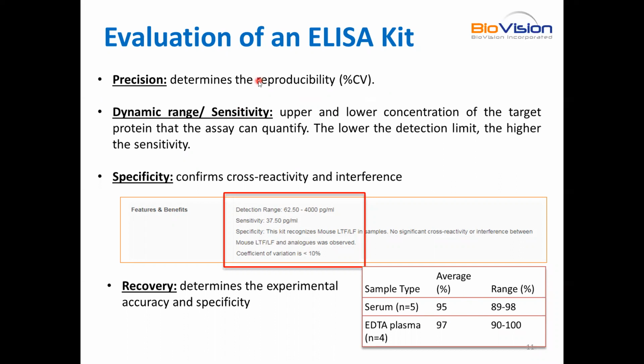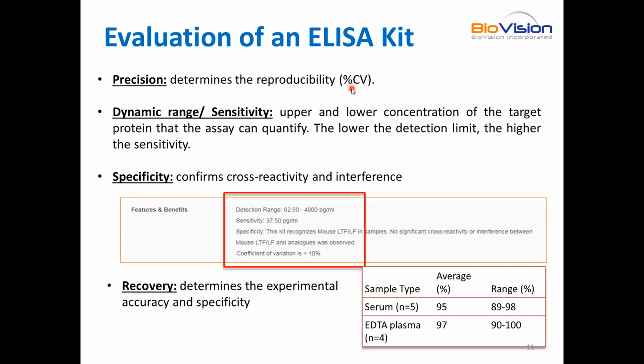It is often measured in terms of CV, which stands for coefficient of variation. The higher the precision, the better the repeatability. Generally, two types of precision should be considered for an ELISA assay: intra-assay precision and inter-assay precision.